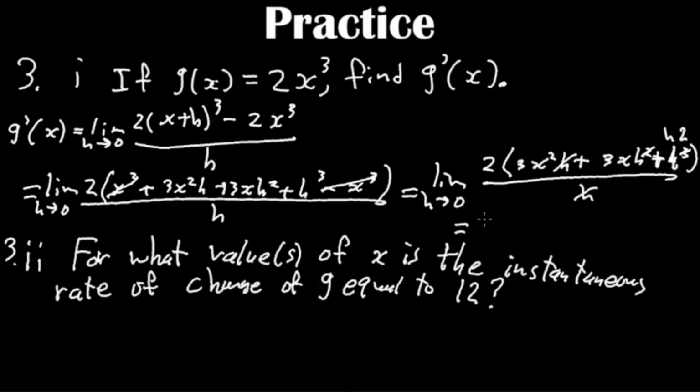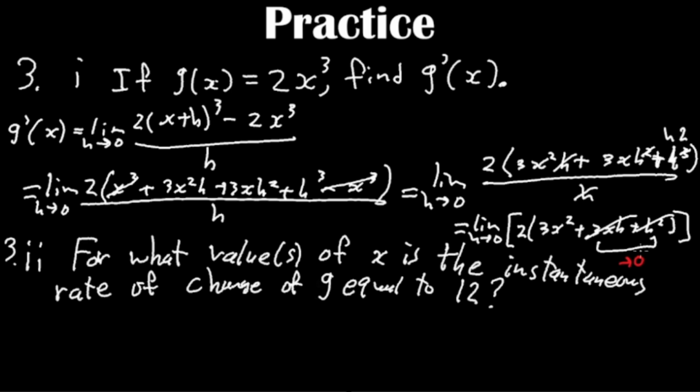And now this becomes the limit as h goes to 0 of 2 times 3x squared plus 3xh plus h squared. Now, we have these h terms, but since h is going to 0, these are both just going to go to 0. So they don't really matter. And that's usually the pattern you'll notice if you do enough of these.